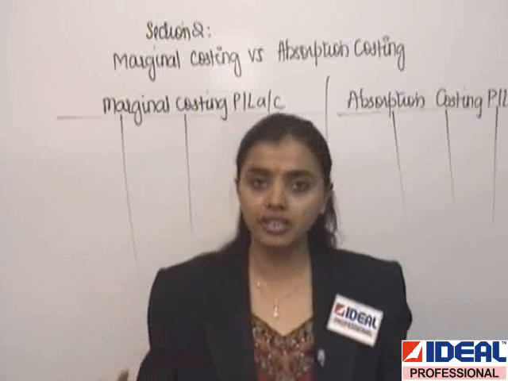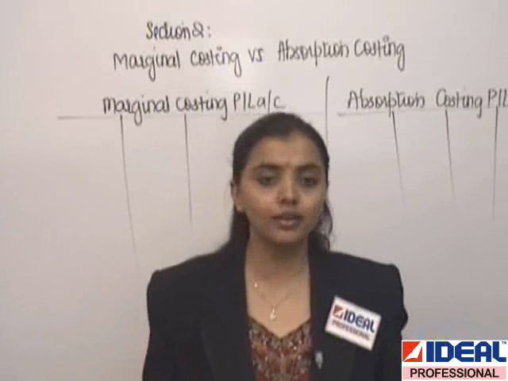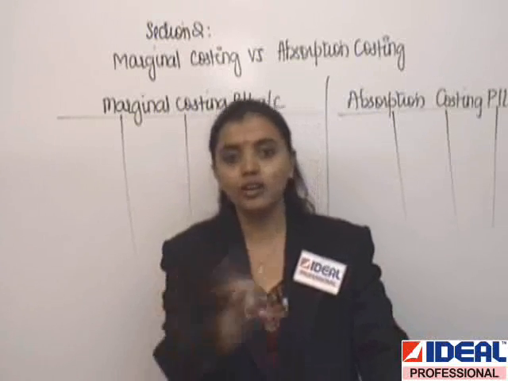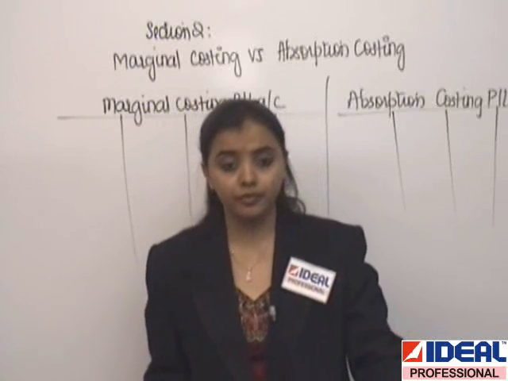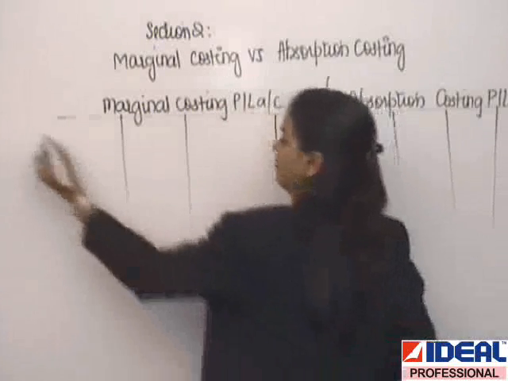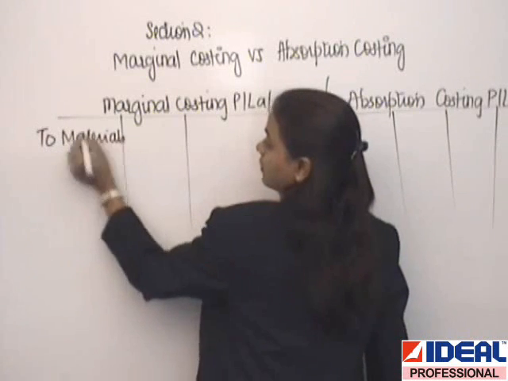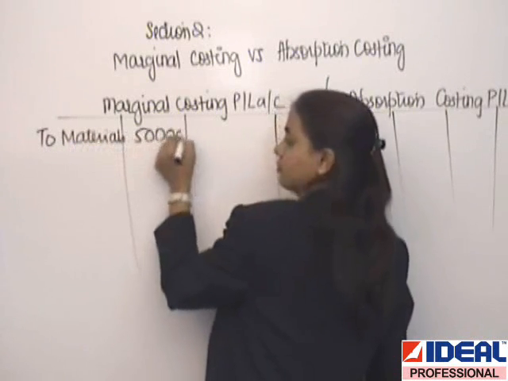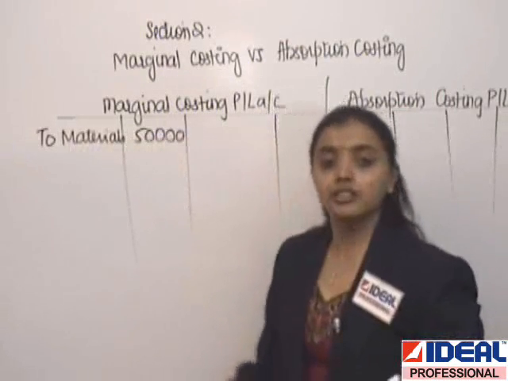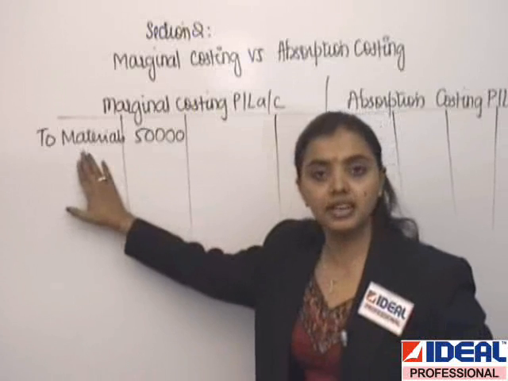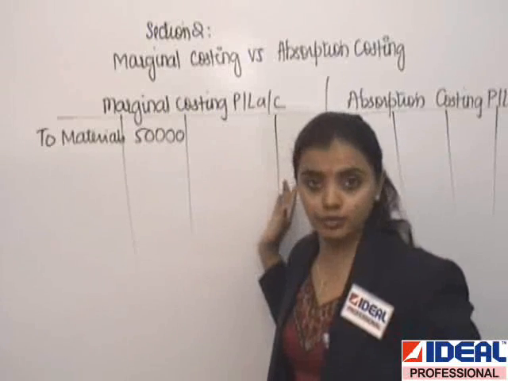If we have purchased materials costing 50,000, in marginal costing we record it as variable cost, right? So we'll debit, let's say, to materials 50,000. There is no difference between material transactions in marginal and absorption.